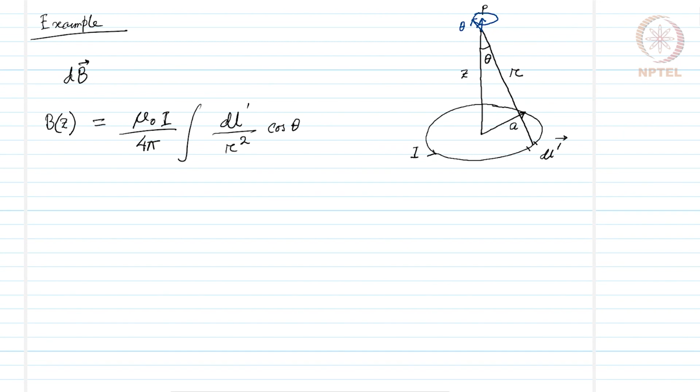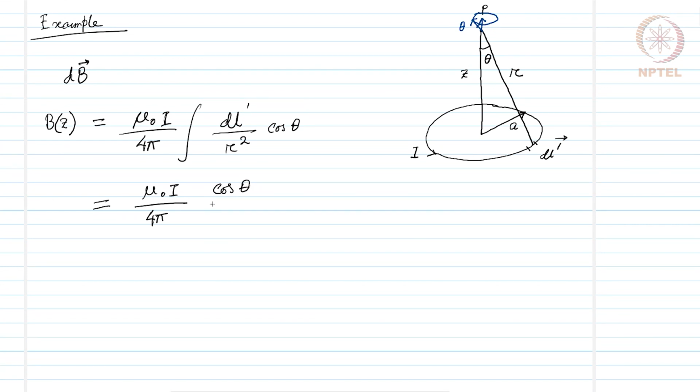So, hence we get cos theta here, and because we have dl prime and this curly r vector, these are perpendicular to each other and we will have cross product of it, then we will get this as the vertical component, and if we perform this integral, we will find this to be mu naught I over 4 pi, it is integration over dl prime.